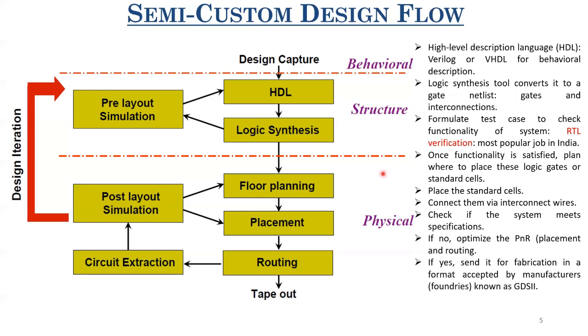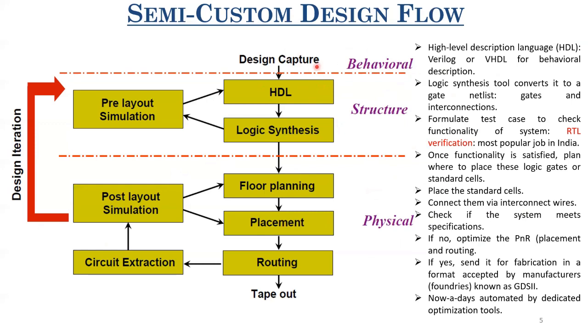However, let me tell you that your life has been made easier by automating all of these. Nowadays, placement and routing is also automated. So these iterations and all, as a designer, you don't need to care about them. What you need to feed to these tools, such as Cadence Encounter, is your behavioral HDLs, the HDL of your individual components.